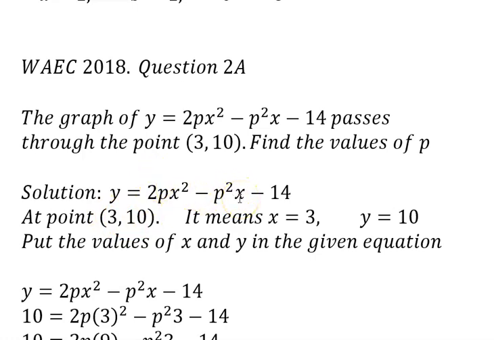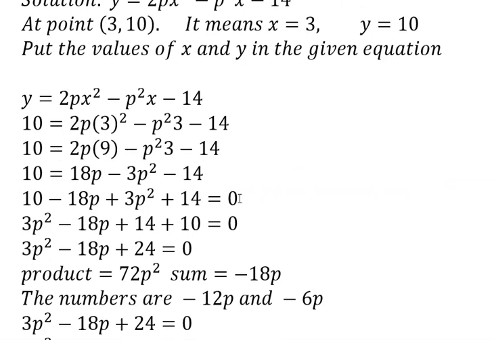Beautiful. So, let's bring out the equation that we have. This is it: y equals 2px squared minus p squared x minus 14. So, anywhere we see x, we put 3. Anywhere we see y, we put what? 10.